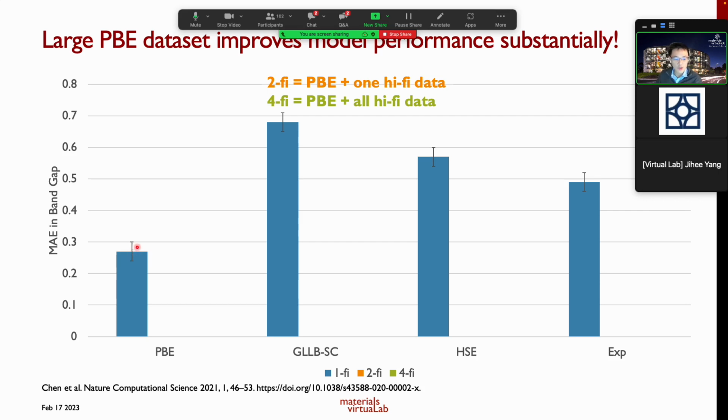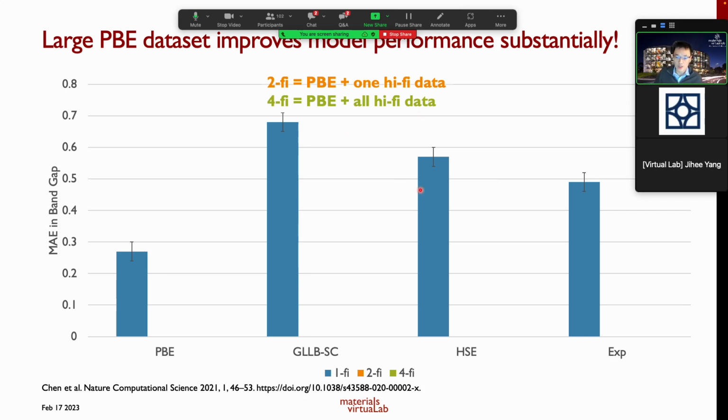The mean absolute error is about 0.3 eV or so, but you will notice that the mean absolute error for things like the HSE bandgap and the experimental bandgaps is actually much higher, right? And the reason is, of course, that the size of the data sets for those is much smaller, and that results in a higher error in your machine learning model.